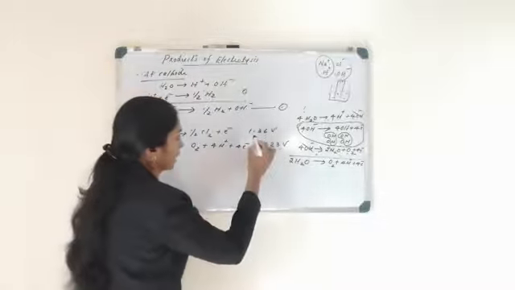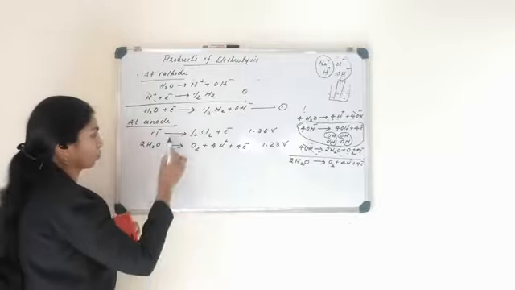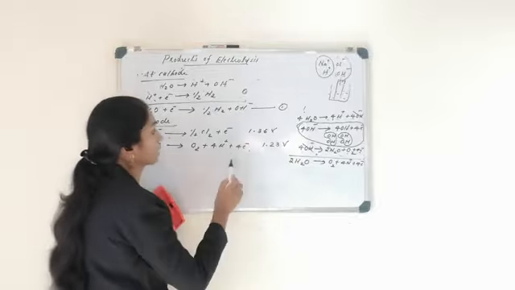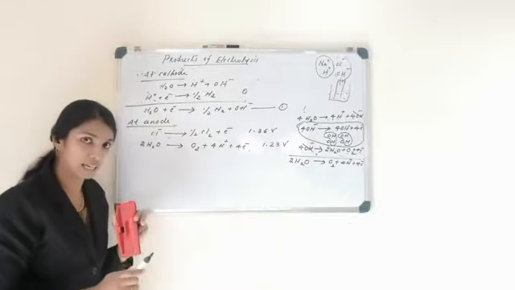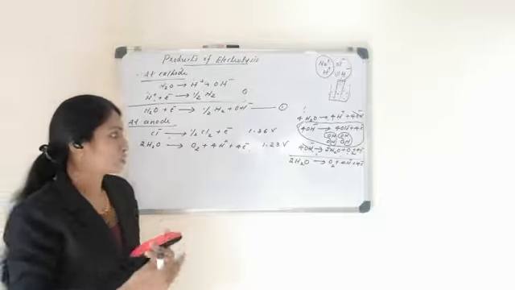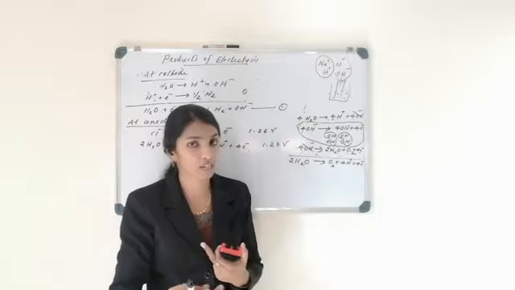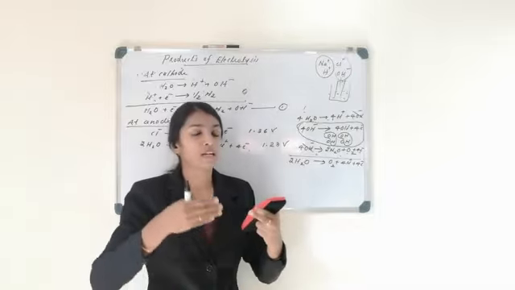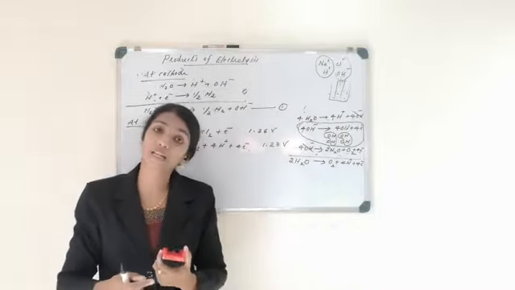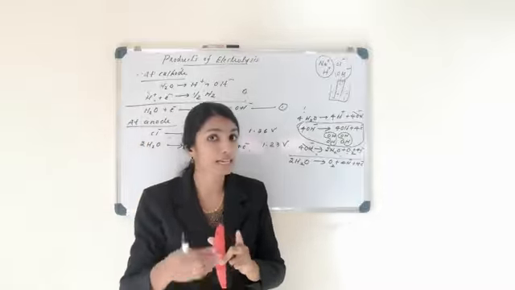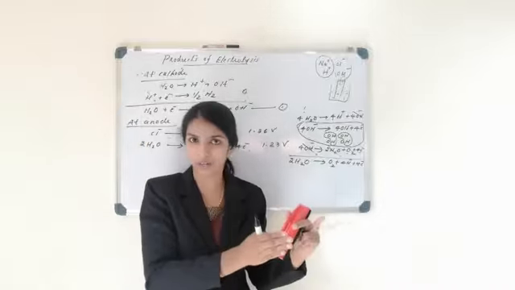Then next, see the reduction potential values of these two equations. Here 1.36 and here 1.23. The electrode which has more tendency for oxidation will oxidize first. More tendency for oxidation means it has a lesser value of reduction potential.